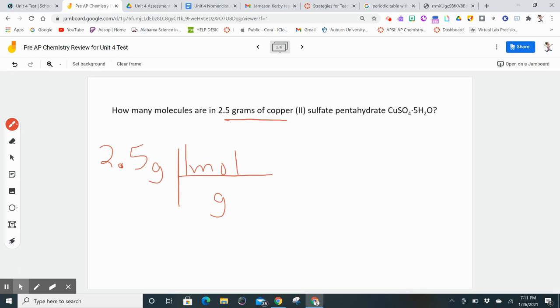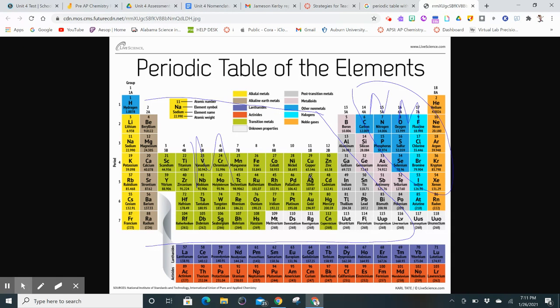So I have 10 hydrogens in the waters, so that's 10 times 1.008, plus I have 5 oxygens in the water, so plus 5 times 16. So that means this water part is 90. Okay, then I look on my periodic table and I see that copper is 63.5.